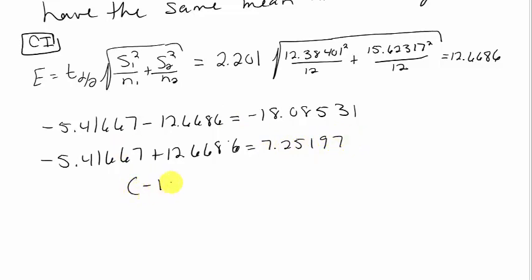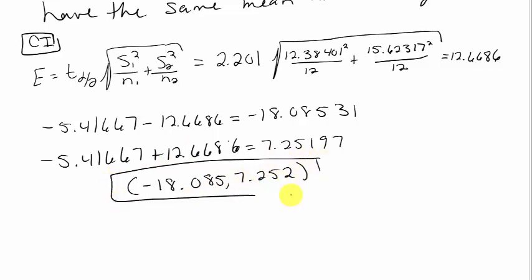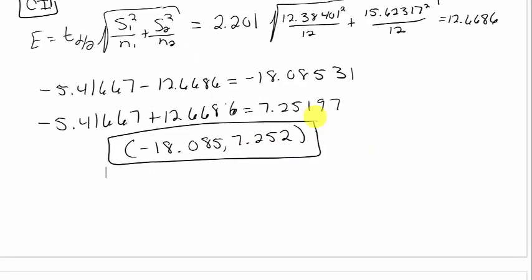So our confidence interval, negative 18.085 up to 7.252. And just make sure that you're double checking on MyStatLab for the number of decimal places that they want, and also on your exams for class.